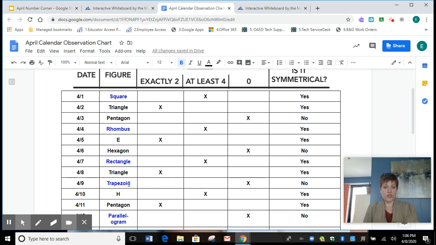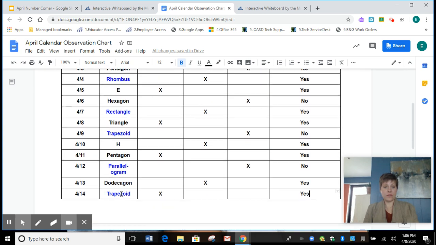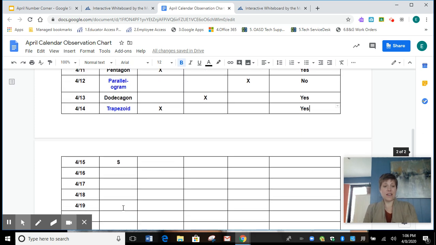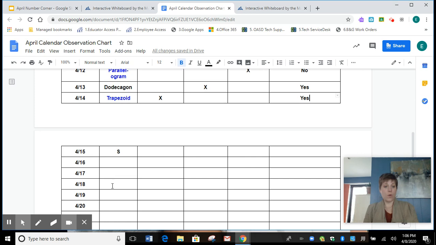We saw 4 shapes and then another letter. We saw 4 shapes and then a letter. Is that following a pattern? You're right, it is. So right now, I can kind of make a prediction. I'm predicting that we'll have 4 shapes, but on the 20th, we're going to see another letter coming up.